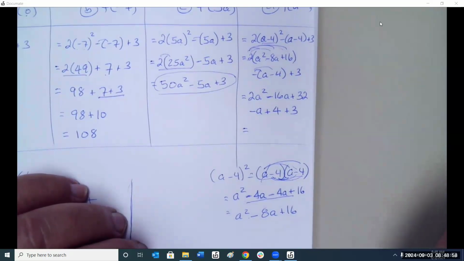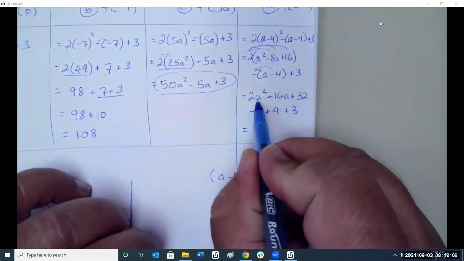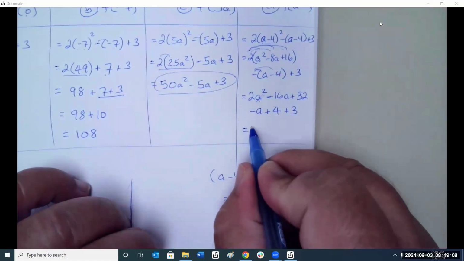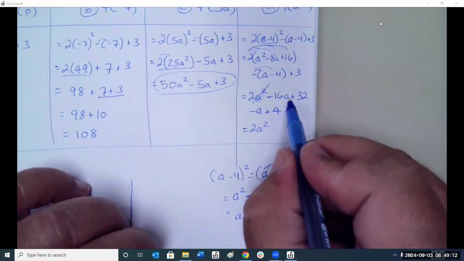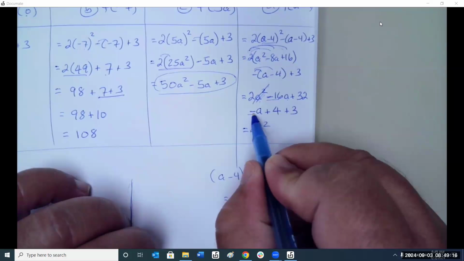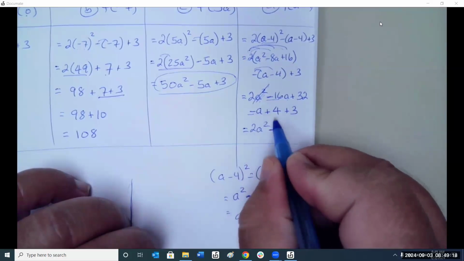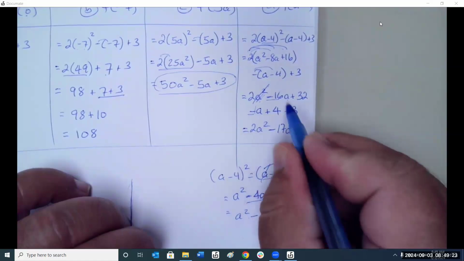So we got rid of the parentheses. Remember, once you get rid of parentheses, next step is always what? Combine like terms. So start with the highest exponent. So we have 2a squared. That's gone. Now let's look at the a's. We have negative 16, negative 1. They're both negative, so I add them. 16 plus 1 is 17a.